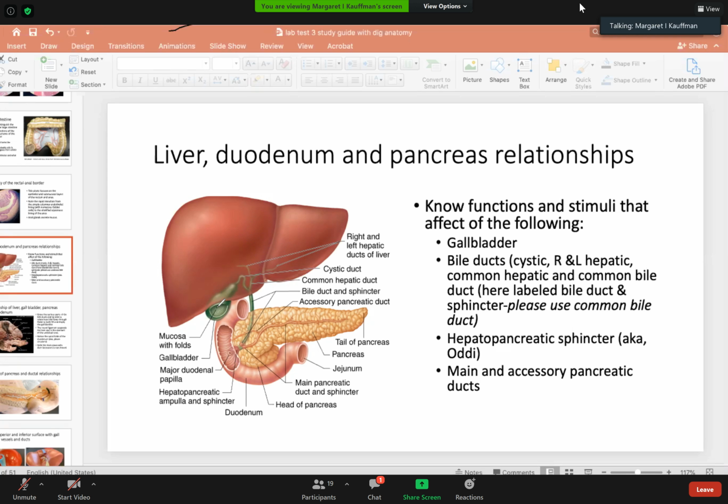The gallbladder itself is going to have two functions. One function is to store, and then cause a contraction of the gallbladder and therefore empty the gallbladder, and a surge of bile comes down and goes into your duodenum, assuming CCK opens a sphincter.